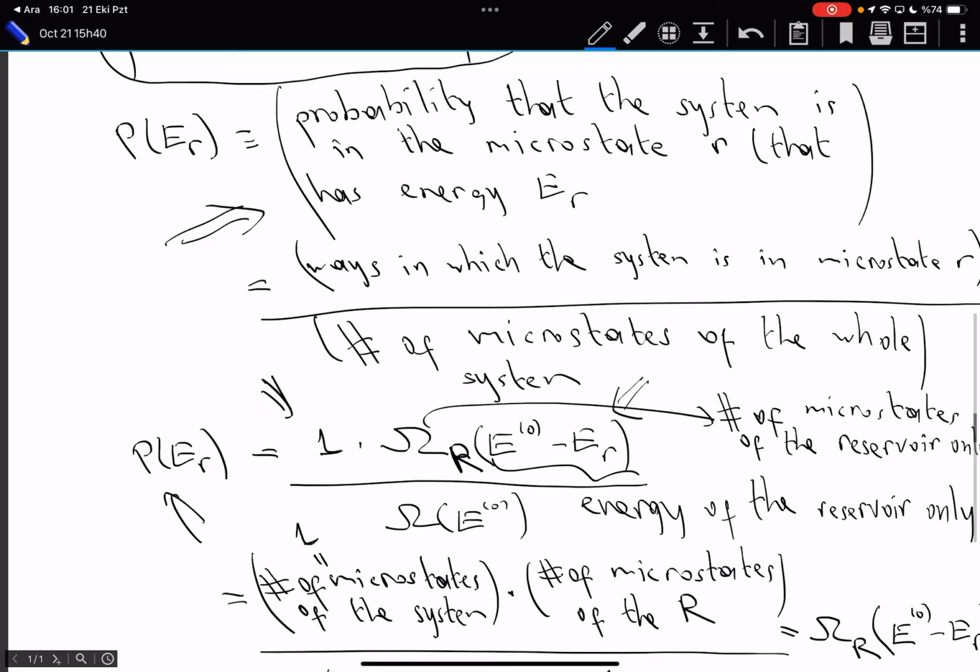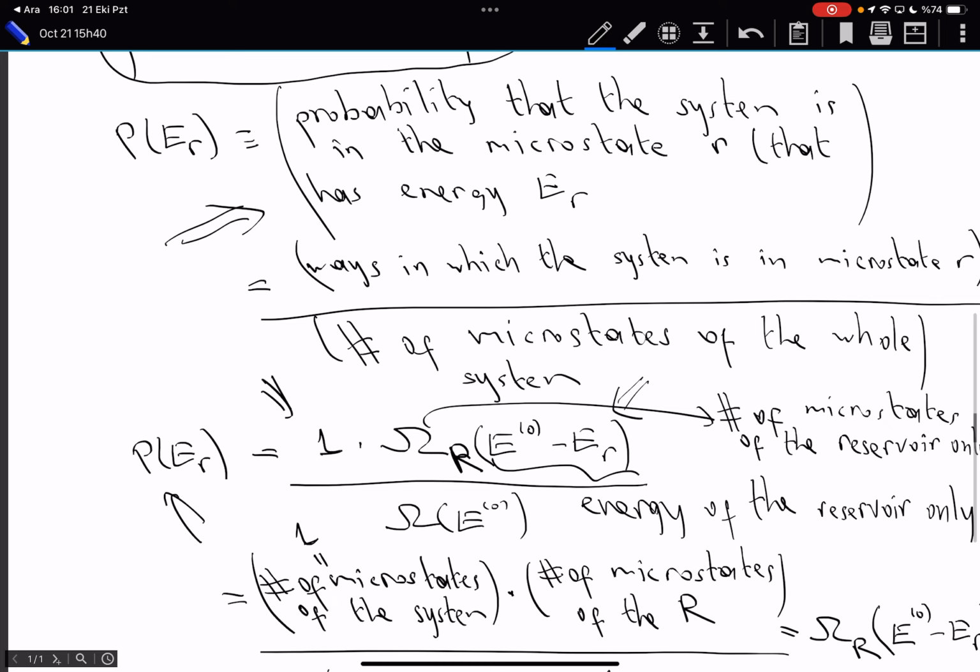That's the probability that the system is in the microstate R. But as a function, it only depends on ER, as we will see in a moment. It only depends on the energy of the system. Well, if I were writing the statistical mechanics myself, I would have used that notation. But the general notation is P of E. Since it's already a fixed convention, I will stick with it.